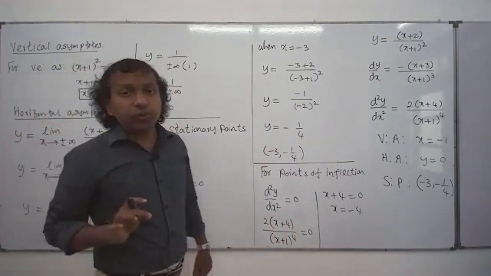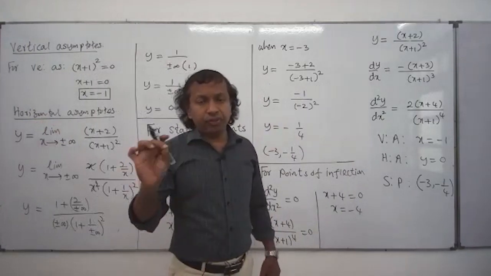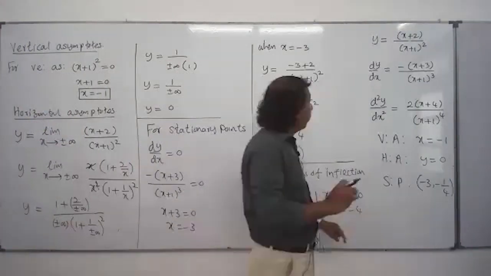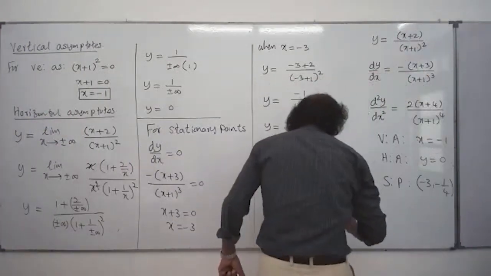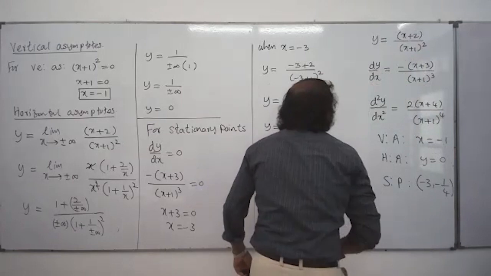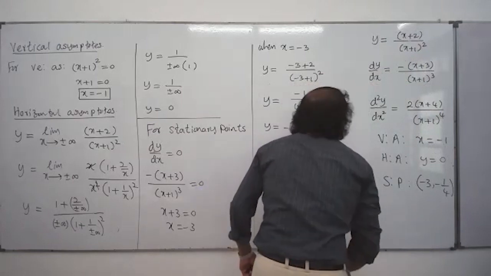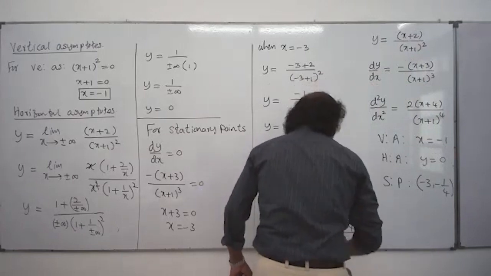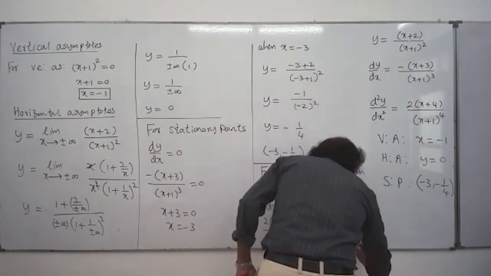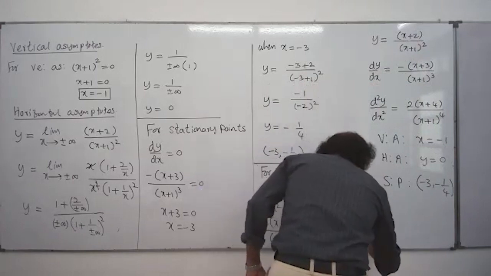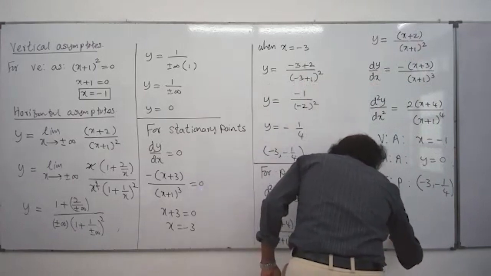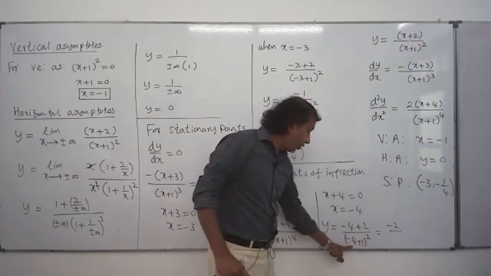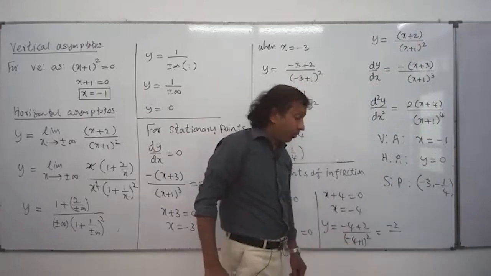That point has a y value too, for any point both x and y coordinates are available. To find the y coordinate, we substitute x equals minus 4 here. y is (minus 4 plus 2) divided by (minus 4 plus 1) to the power 2. Here the numerator is minus 2, and in the denominator minus 4 plus 1 is minus 3, minus 3 squared is plus 9.